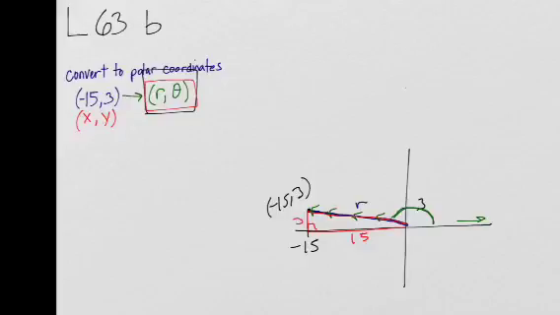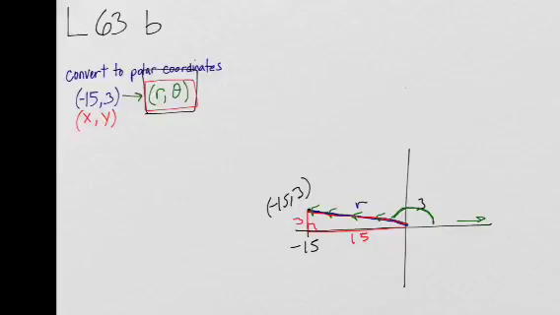A right triangle that has one leg that is 15 and one leg that is 3, forming a right angle. And then the hypotenuse is the shortcut, the line that connects straight to the point. It's across from the right angle.